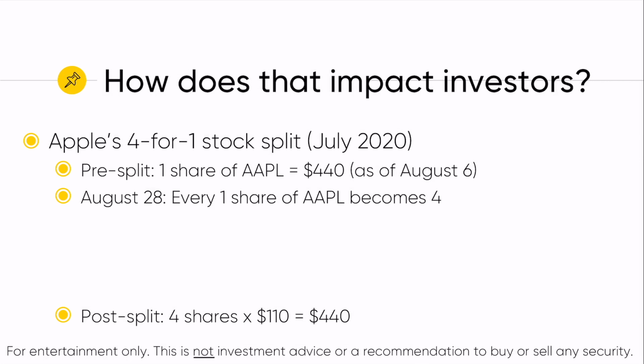So like we talked about Apple's 4-for-1 split, this is basically what's going to happen. So they're going to split on, I think it's August 28th. Every 1 share that you own of Apple is going to become 4 shares. And so if we just simply calculate what will happen, so right now the stock price is $440.